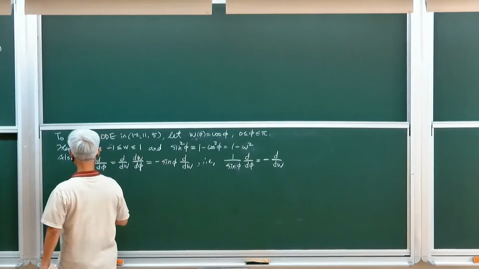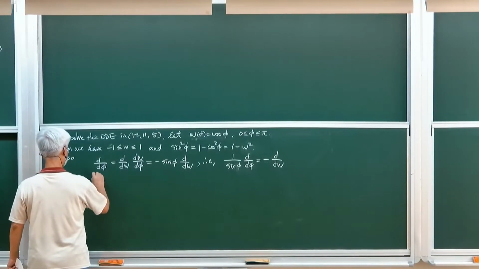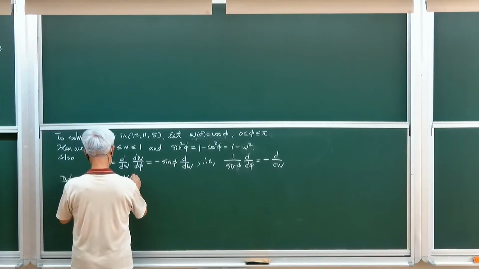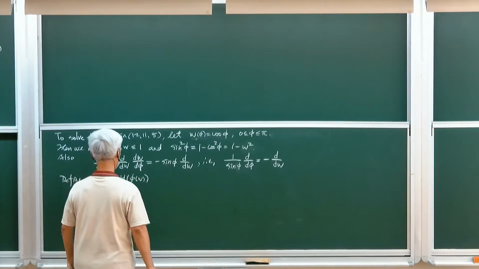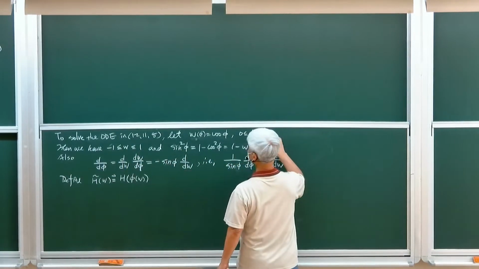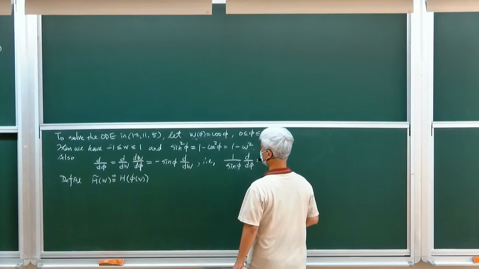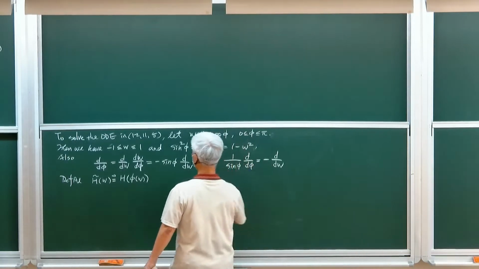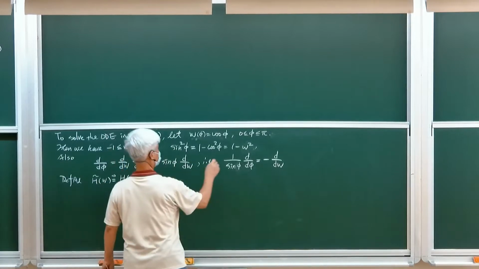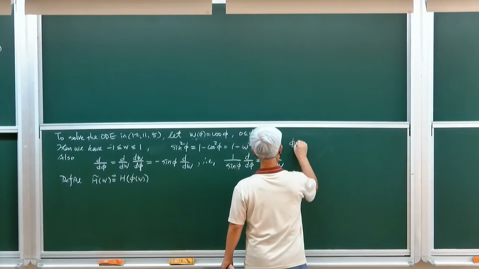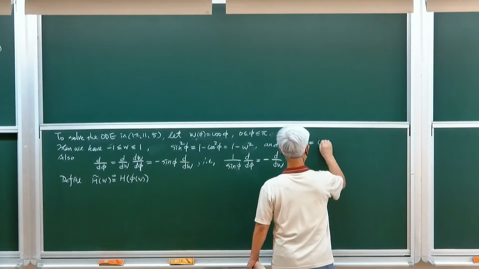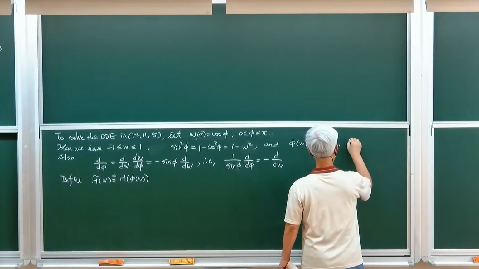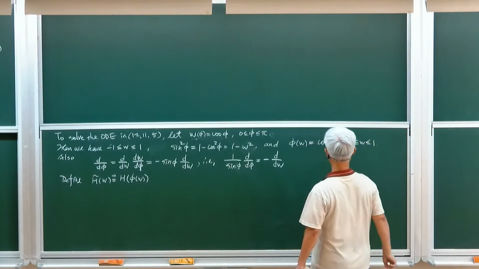And define h tilde(w) to be h(phi(w)), where phi(w) is arccosine of w.